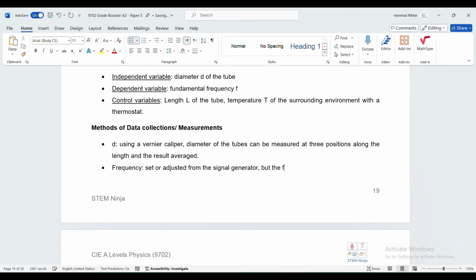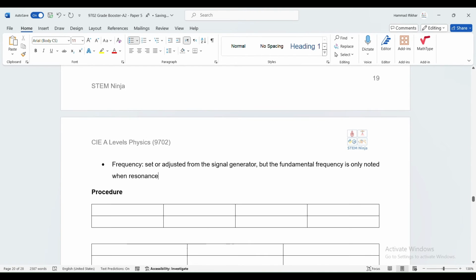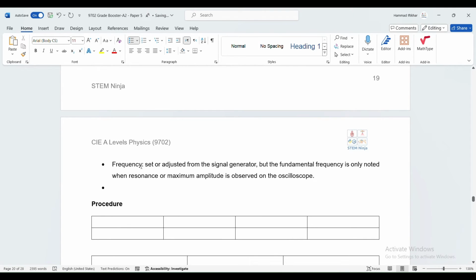But the fundamental frequency is only noted when resonance is observed, or maximum amplitude is observed on the oscilloscope. That is the frequency F.